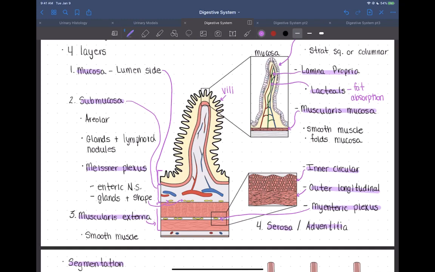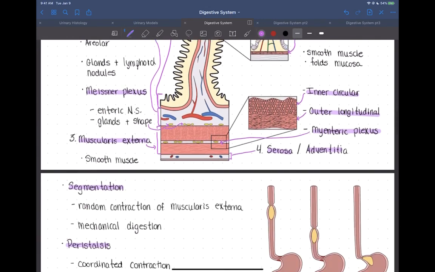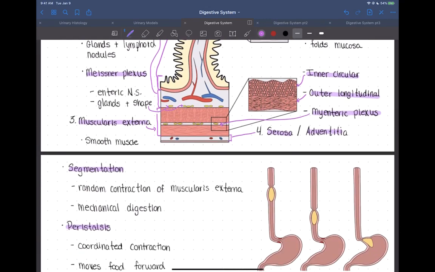All right, and then our last, fourth layer here is going to be serosa or adventitia. Okay, so serosa would be if an organ is intraperitoneal, right? So it's completely surrounded by peritoneum. It's going to have serosa, so that's going to be a serous membrane around it.